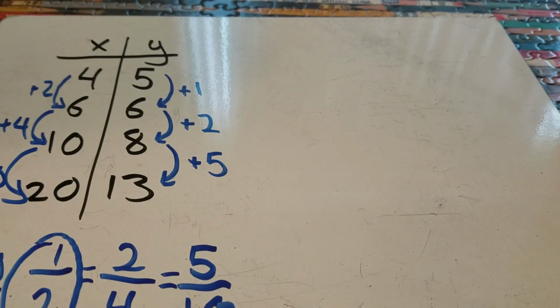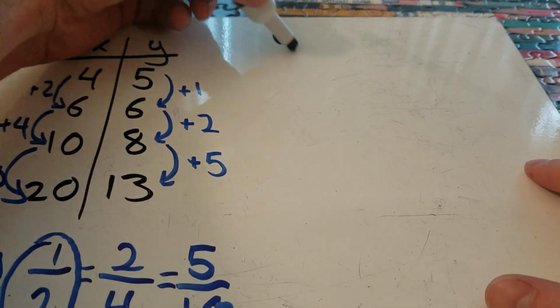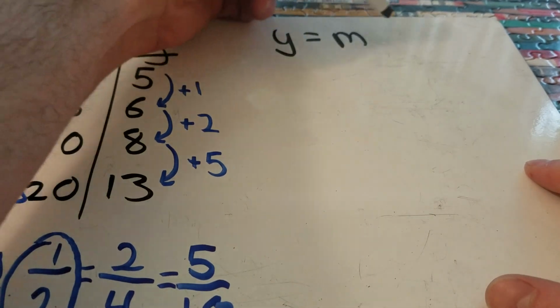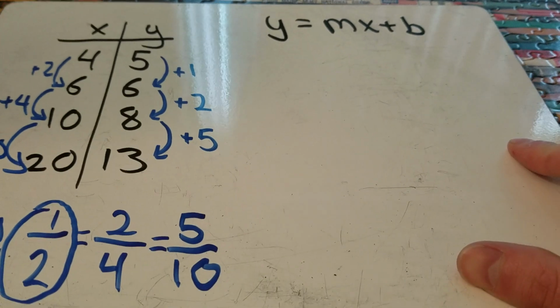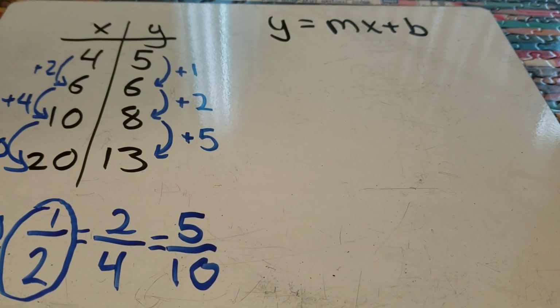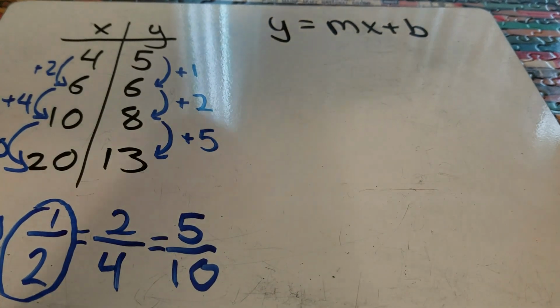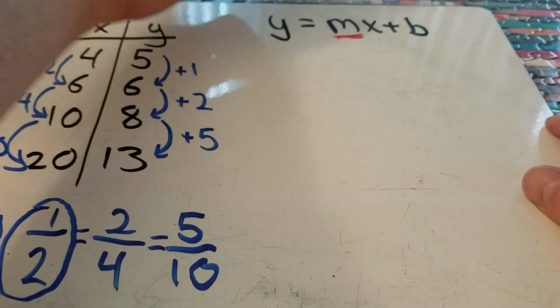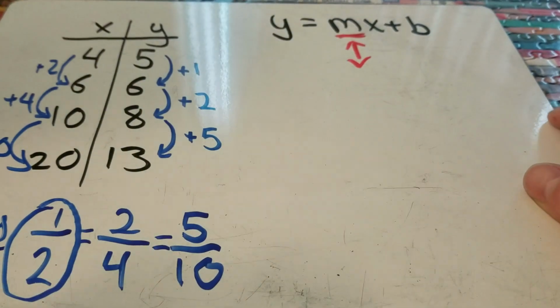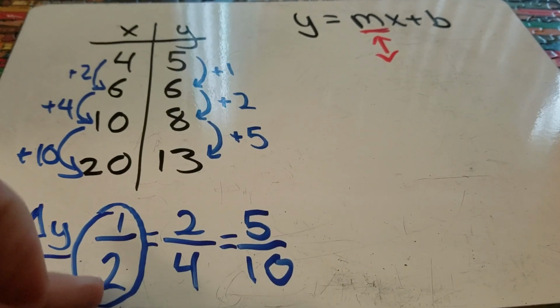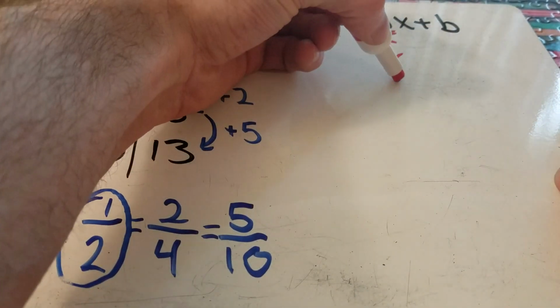So we know slope-intercept form is y equals mx plus b. At this point, we know slope is m, and we know we can plug in for m because we just figured out that our slope is 1/2. So we can plug in 1/2 there.